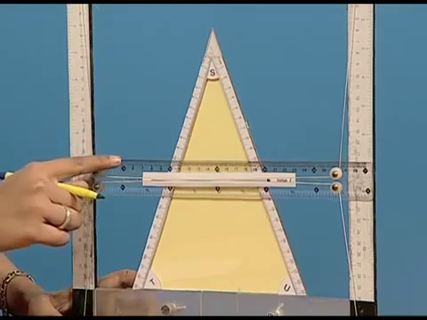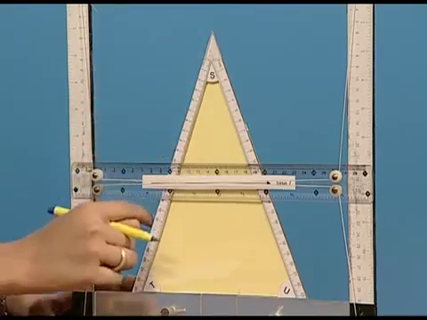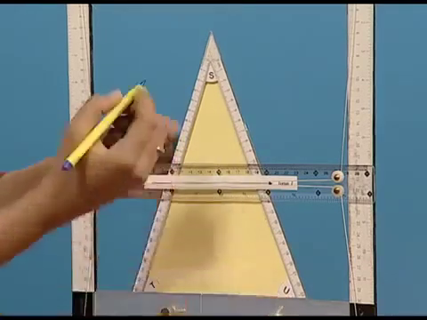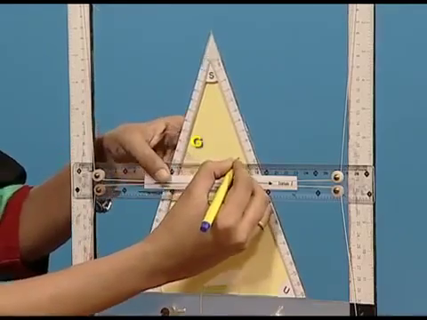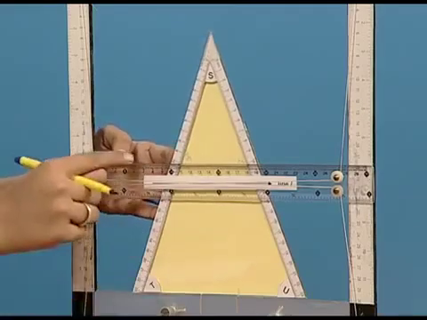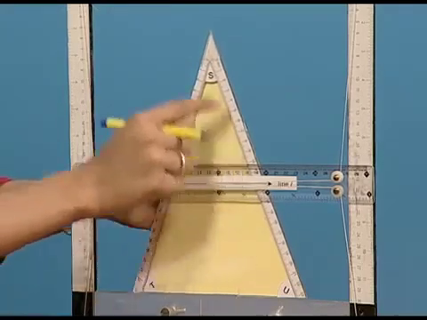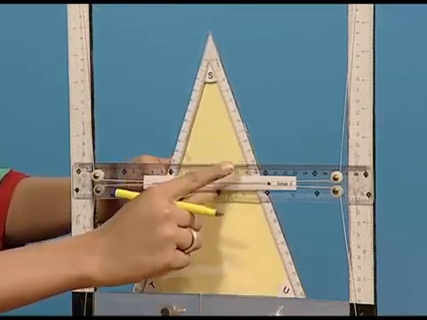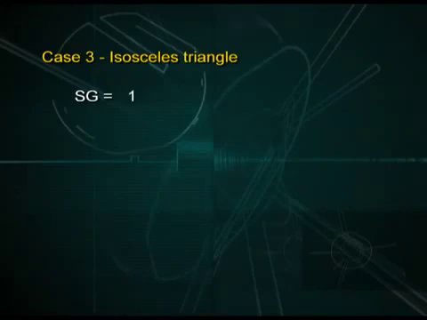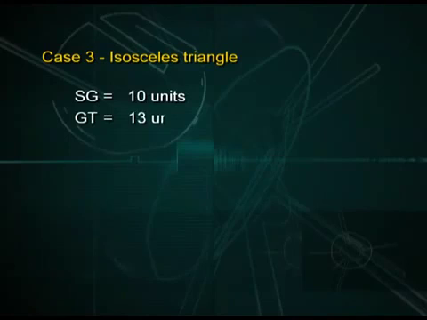This line L is again parallel to TU and intersecting the other two sides of triangle STU at, say, G and H, where line L is intersecting ST at G and SU at H. Again we can see on measuring, SG is 10 units and GT is 13 units.